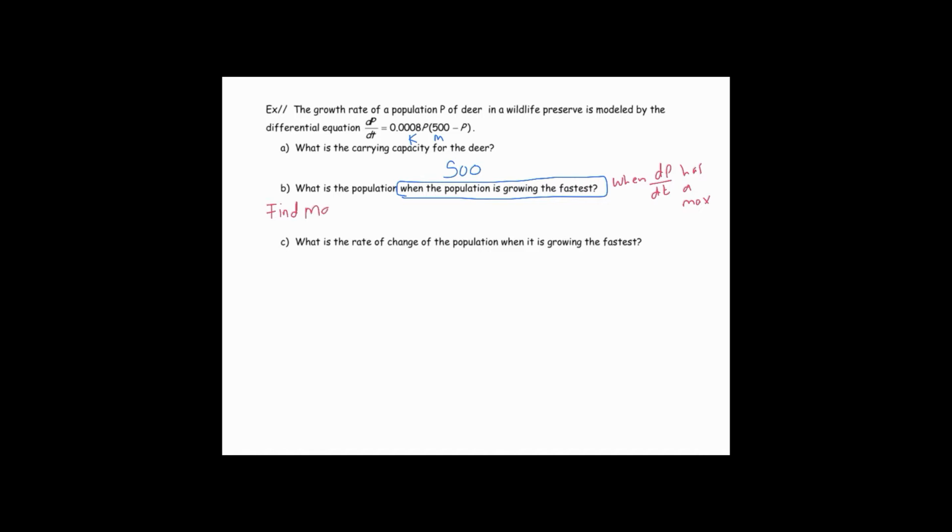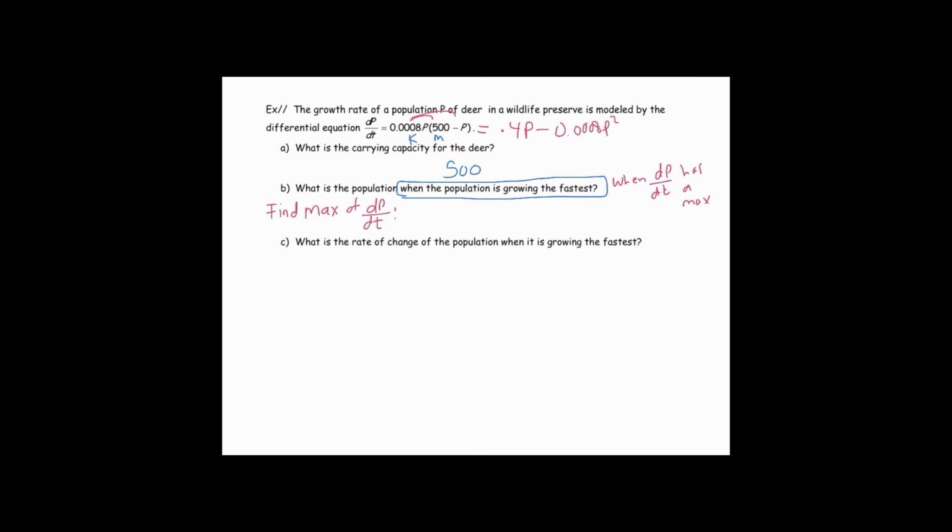Find the max of dP/dt. So to do that, let's take the derivative of dP/dt. Now the first thing I'm going to do is distribute this 0.0008P to both of these terms. 0.0008 times 500 is 0.4, so you get 0.4P minus 0.0008P squared.